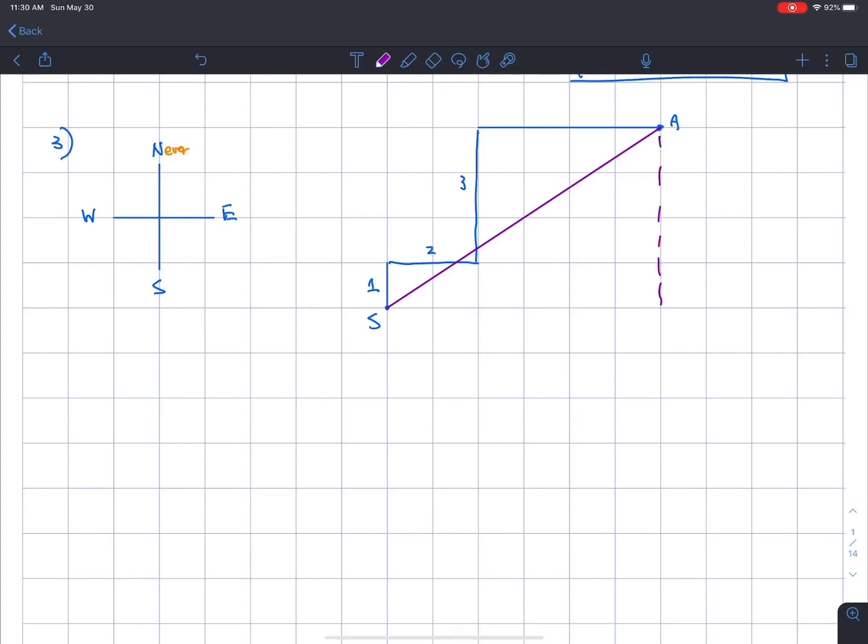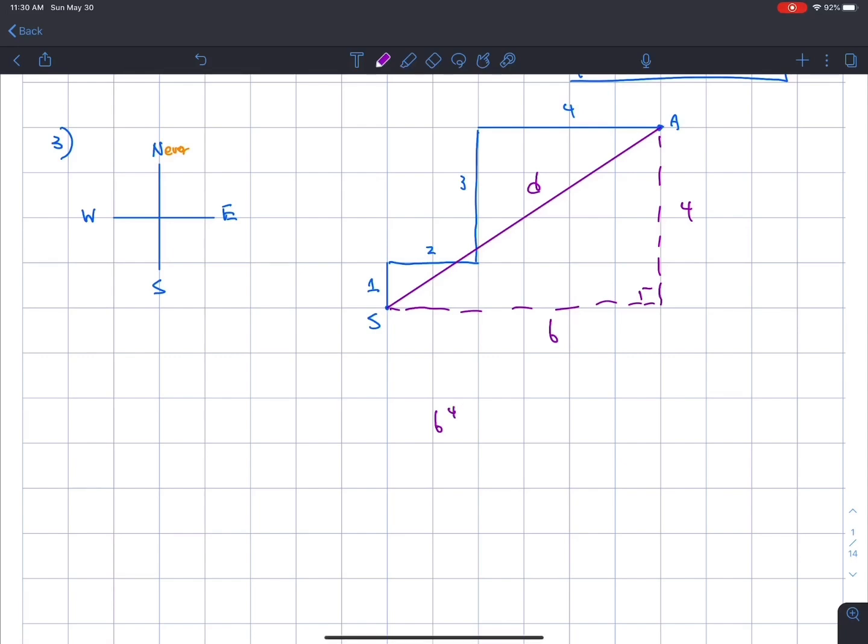I can make it into a right triangle. That's 2, and that's 4. So in total, this will be 6. This is 1, this is 3, so the total distance here is 4. And now we just need to do a Pythagorean. I will call this D for distance.